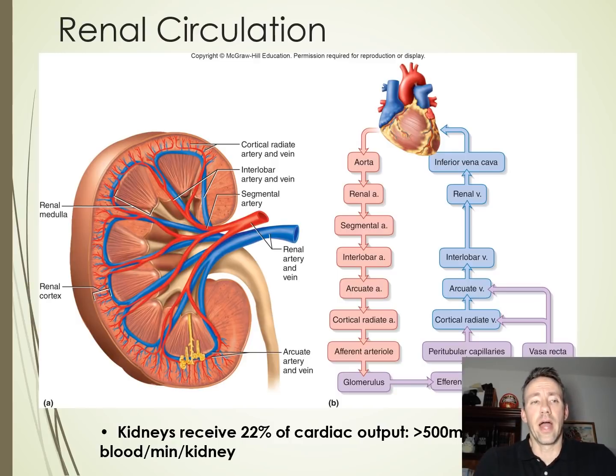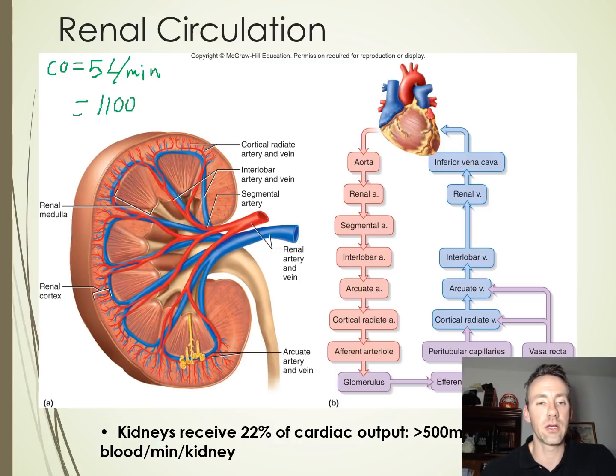Okay, if we're going to use our average male, who has a cardiac output of about 5 liters per minute, 22% of that, what's going to the kidney, is going to be 1,100 mL, or 1.1 liters, per minute.